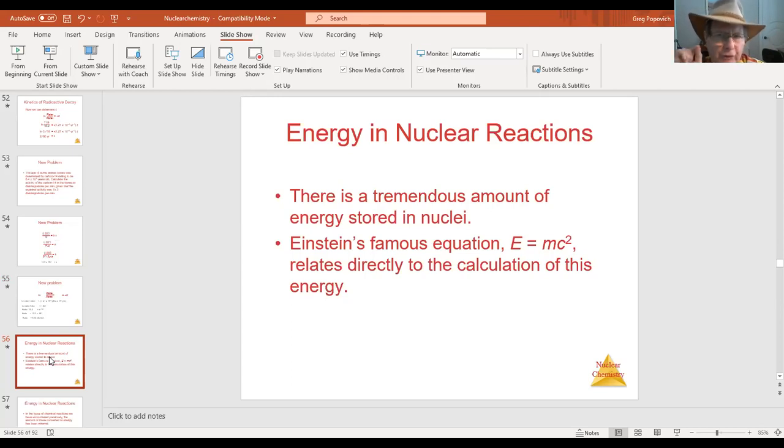If the nucleus is losing weight, then it is going to evolve a whole bunch of energy. So finally, you're going to be able to use Einstein's equation.